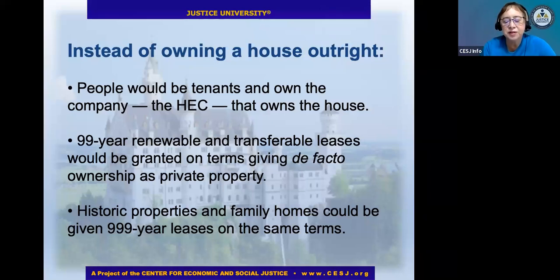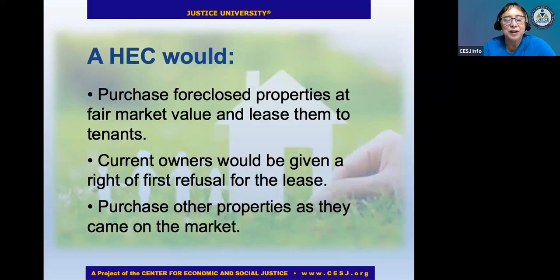Then there are various ways of designing the ownership. And here we talk about 999-year leases, which are essentially owning if you have all the rights.